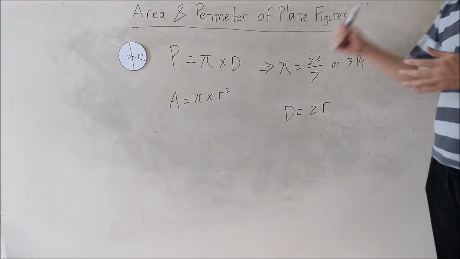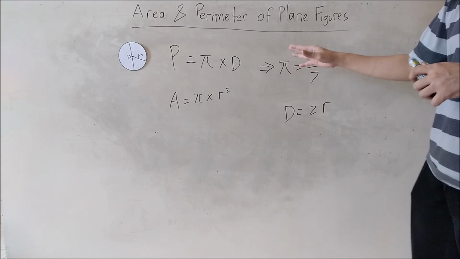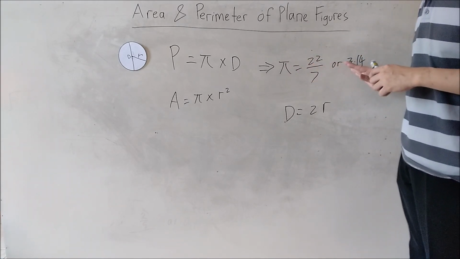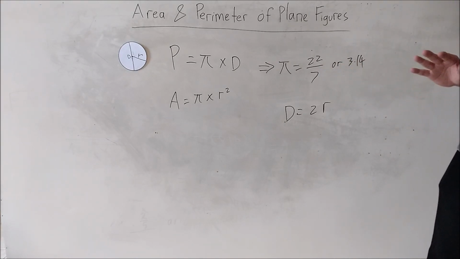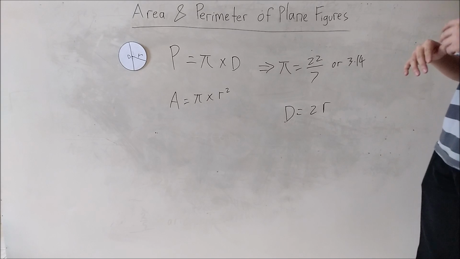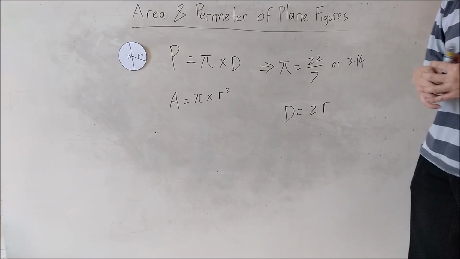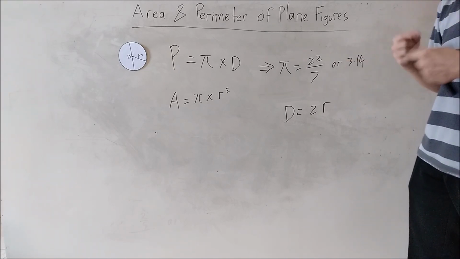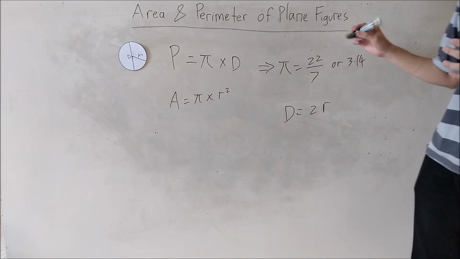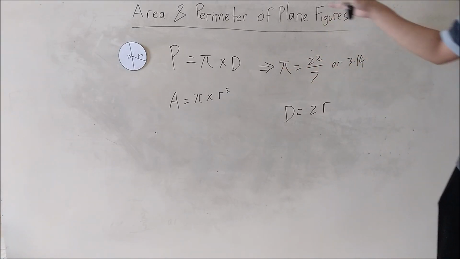Okay? But if you search in Google, pi is actually not really 3.14 or 22/7. Pi is what we call an irrational number. The numbers after the decimal will not end. That's about a circle.